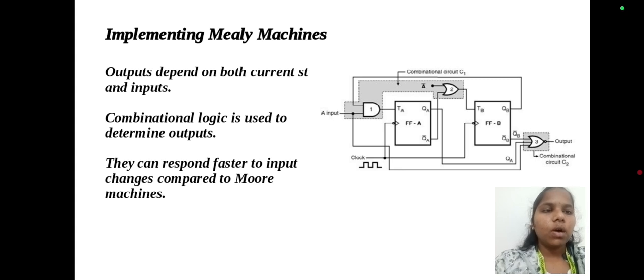Observe the combinational logic diagram. If input A is 1, then T and QA, along with the clock, are entered into the combinational circuit. Then the output comes from combinational circuit C2.